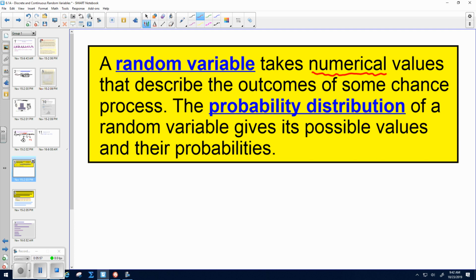I did the number of heads in 3 tosses, so it has to be numerical. And we've talked about a probability distribution before. The probability distribution of a random variable gives its possible values and their probabilities. It could be a table, could also be a histogram.